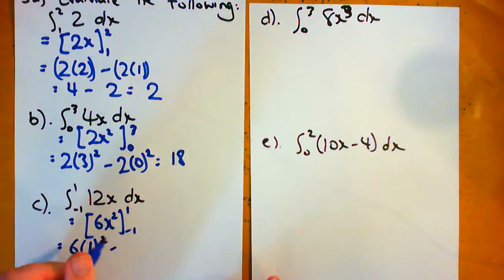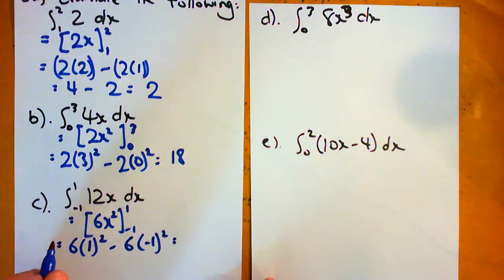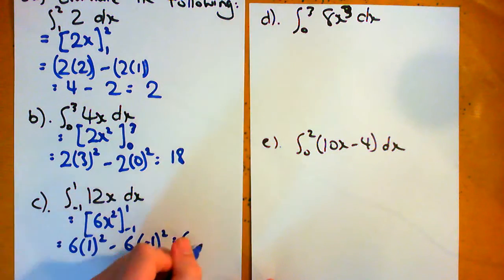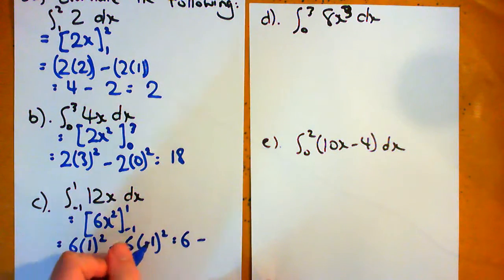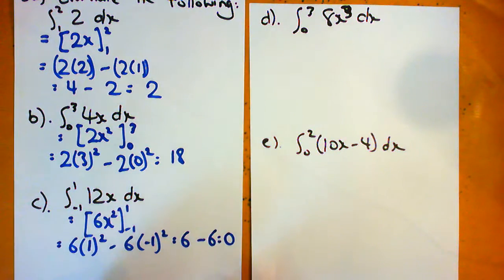So we've got 6 times 1 squared minus 6 times negative 1 squared, which gives us 6 minus 6 times negative 1 squared. If we square that, we get positive 1 times 6, which gives us 6, so we get 0.